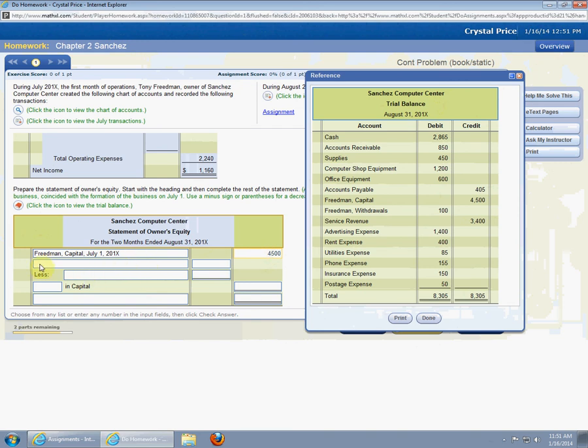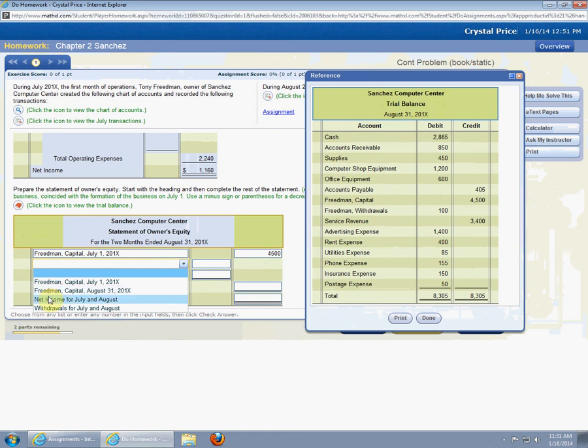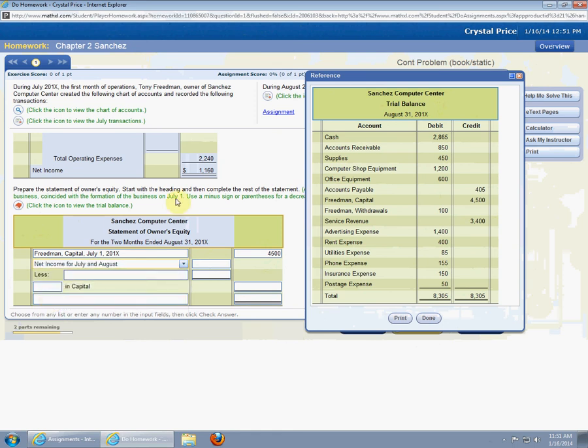Now, we're going to put our net income, and we get our net income from the income statement that we just did, this amount right here, okay? Because that affects the changes in capital. The only things that affect capital are initial investment, additional investment, net income or net loss, and the withdrawal account. So those are the accounts that would be on this statement.